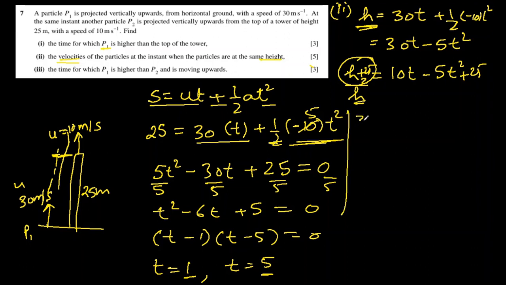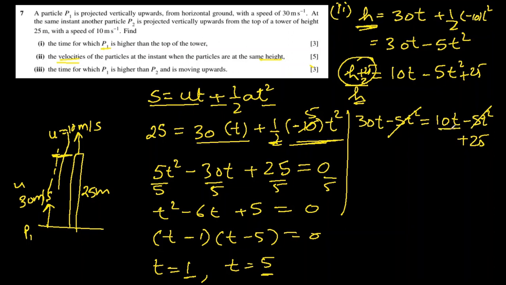So it will be 30t minus 5t square equal to 10t minus 5t square plus 25. 5t square is on both sides, negative both, so we can cancel them out.